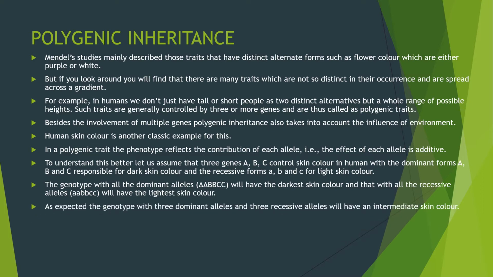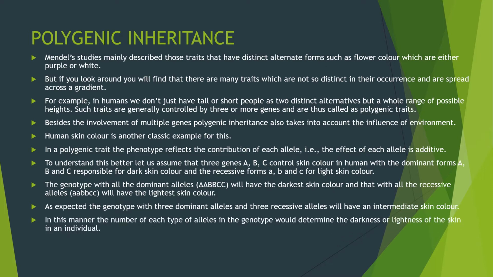As expected, the genotype with three dominant alleles and three recessive alleles will have an intermediate skin color. In this manner, the number of each type of alleles in the genotype would determine the darkness or lightness of the skin in an individual.